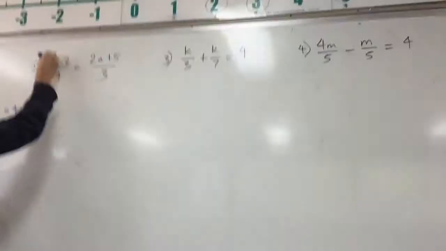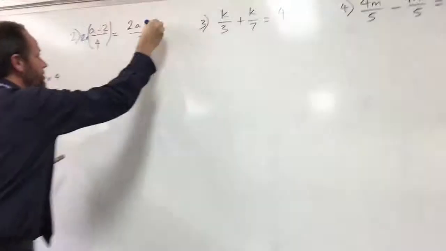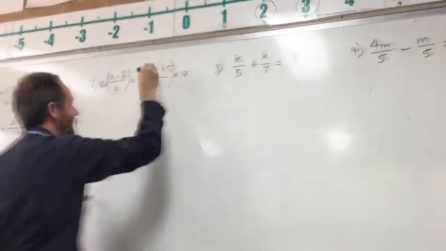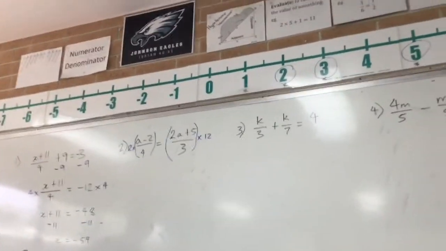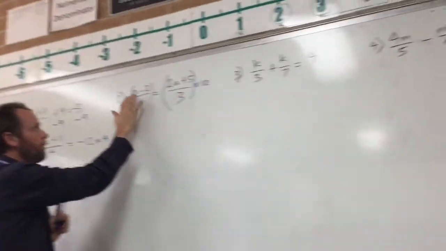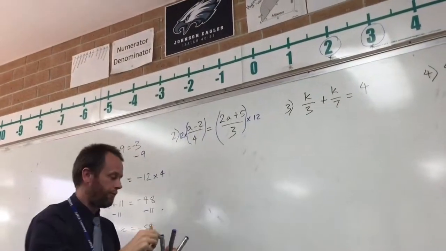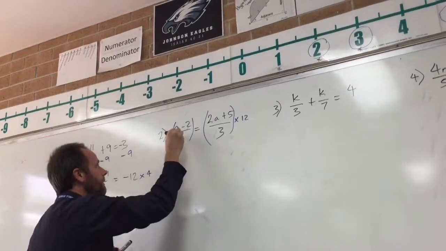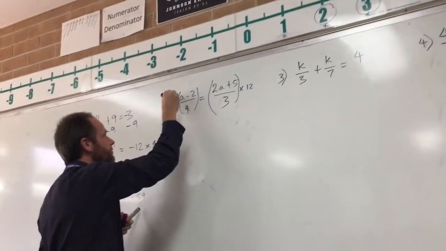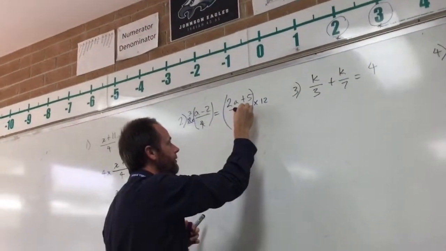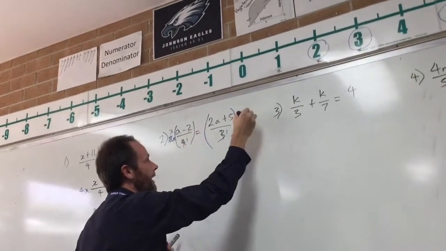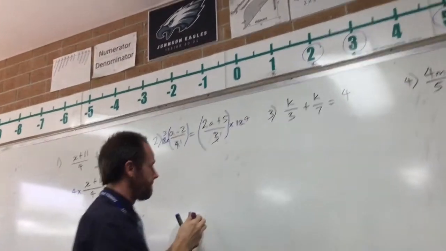So we multiply each side, everything on that side, by 12. But what you should be able to see is if I multiply by 12 and then divide by 4, that will simplify down to 3. If I multiply by 12 and then divide by 3, that will simplify down to 4.